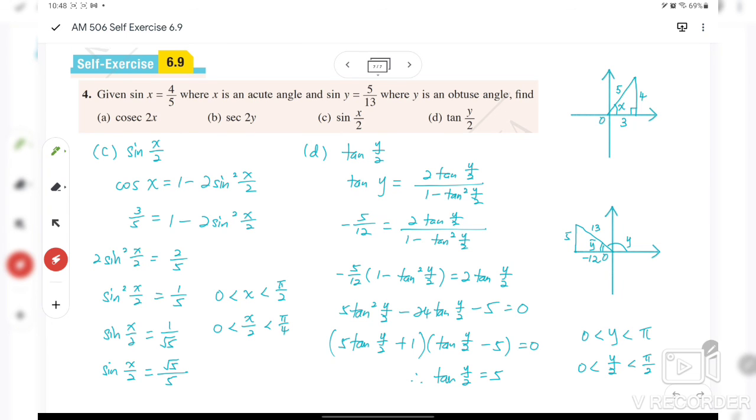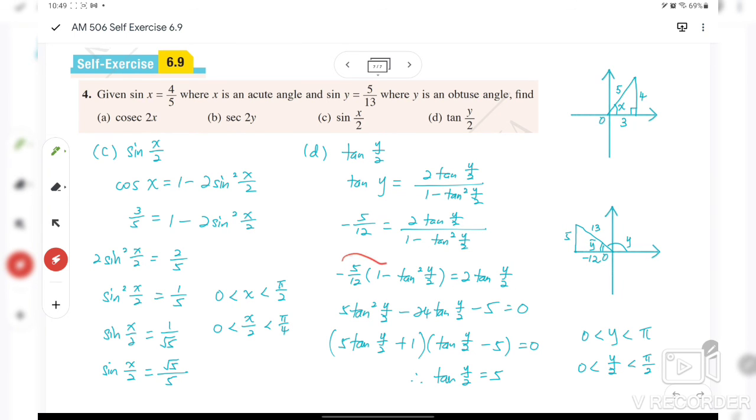Tangent y over 2. From the tangent double angle formula, tangent y is 2 times tangent y over 2, over 1 minus tangent square of y over 2. So we have a quadratic equation. Changing tangent y to 5 over negative 12, we move the denominator, 2 times the fraction, to the left. So negative 5 over 12 times 1 minus tangent square of y over 2 equals 2 times tangent y over 2.